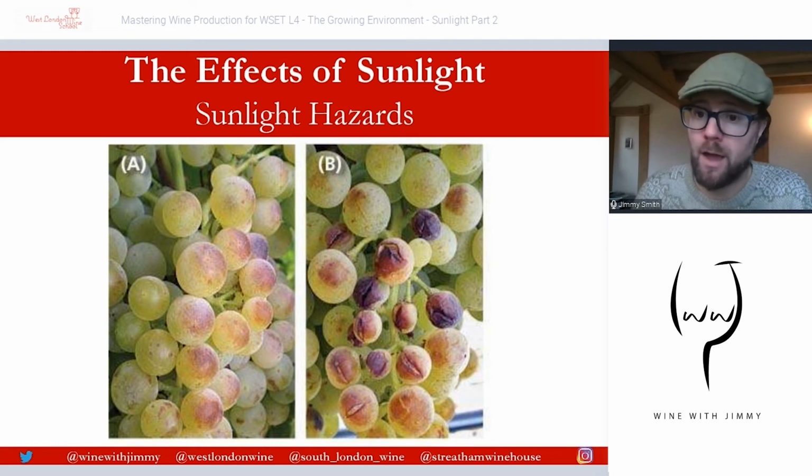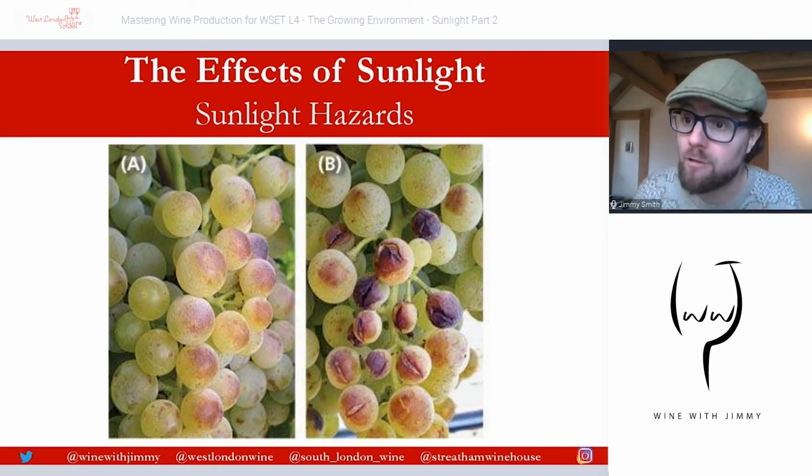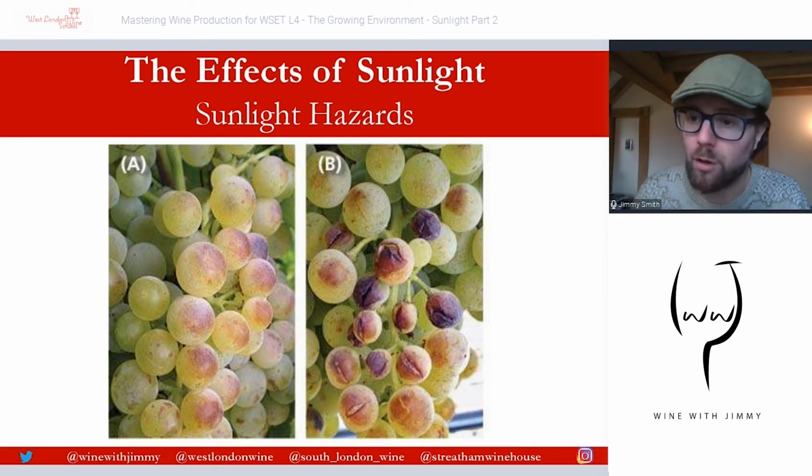As a result, grapes can reach higher temperatures because they're not transpiring as quickly as a leaf with all of its stomata. The leaf is able to open those stomata and transpire quicker. The grape cannot do that. So it becomes hotter quicker, and it can burn more quickly as well.